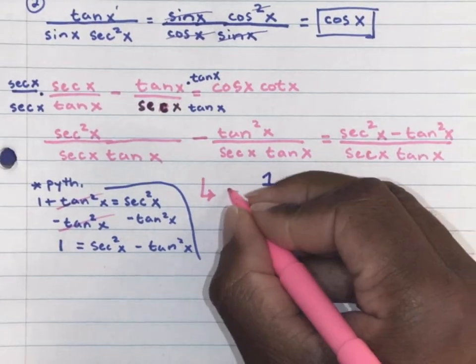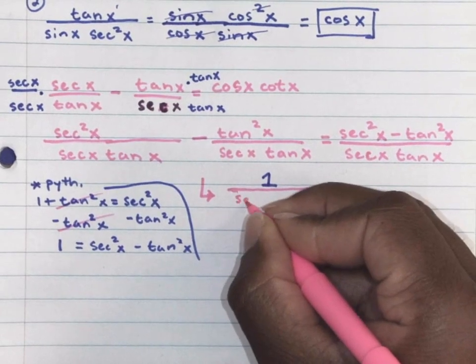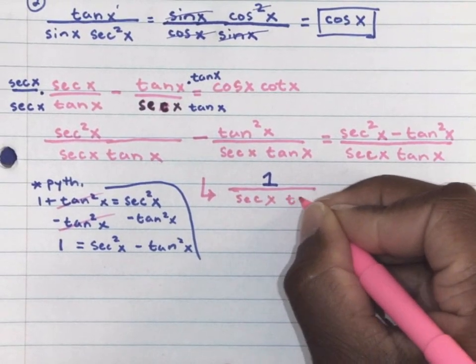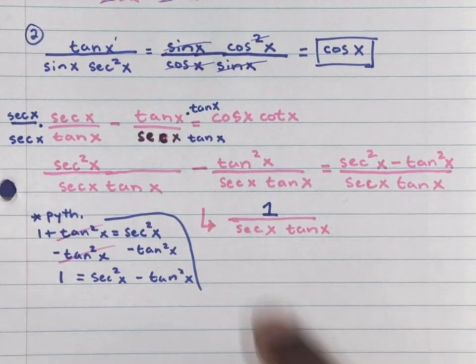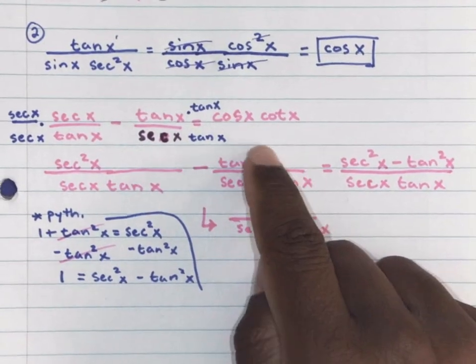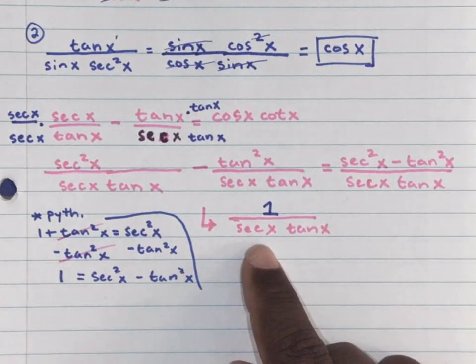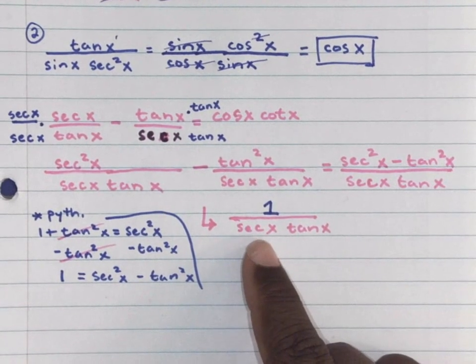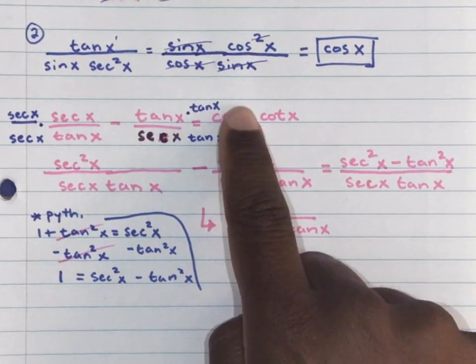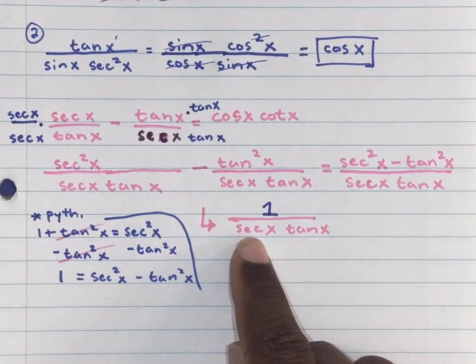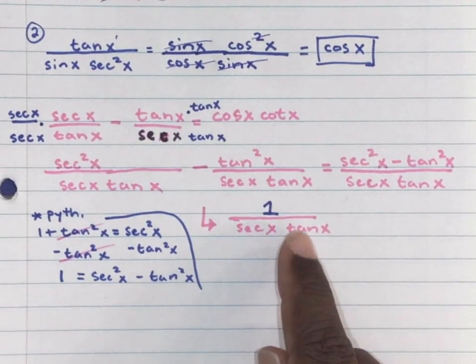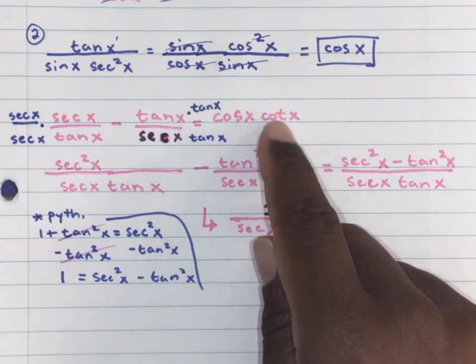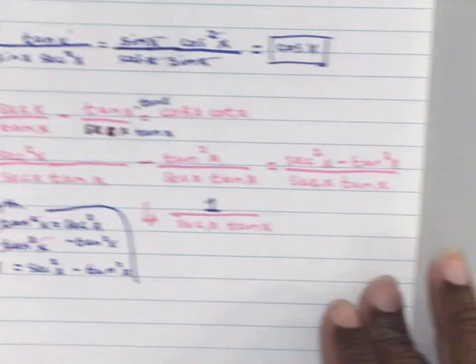And now this is over my common denominator of secant x times tangent x. And so if I go back and look at what we were wanting to show that this could come out to equal, I see that if I do reciprocal identity, I'll get what I needed to equal. So if I do reciprocal for secant, 1 over secant equals cosine, and then 1 over tangent using reciprocal identity equals cotangent.